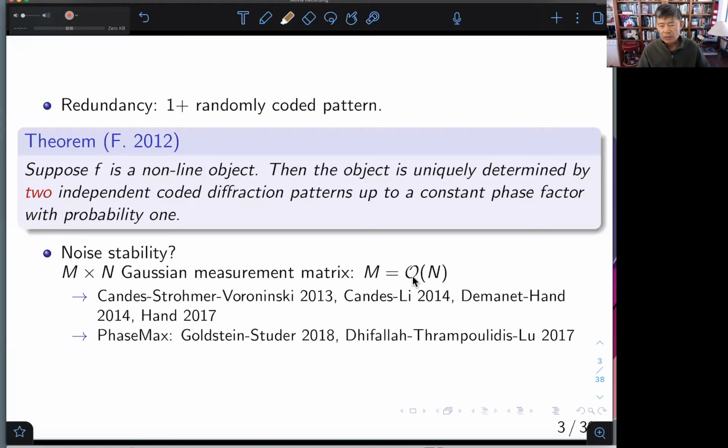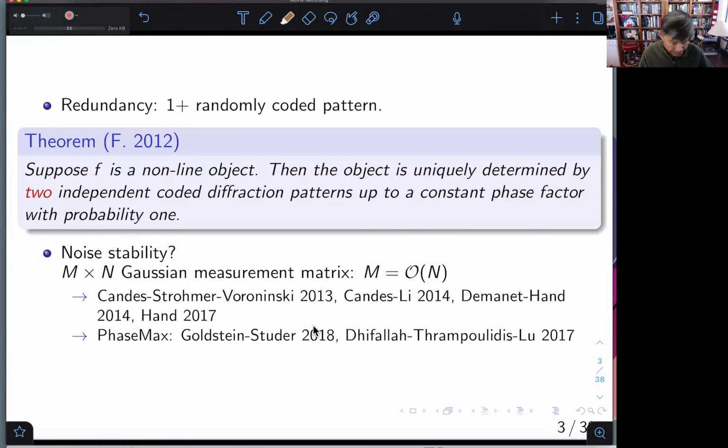Normally the constant in front of the order is not very realistic, but nonetheless, as n tends to infinity, m only needs to be a fixed proportion of n for a noise stability result. People can consult this paper for that result.